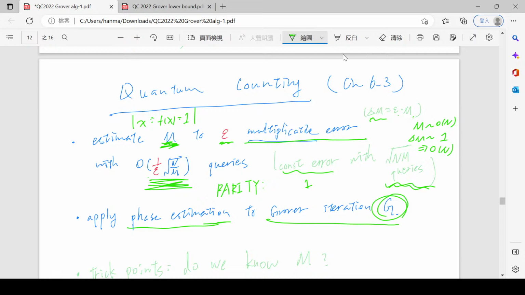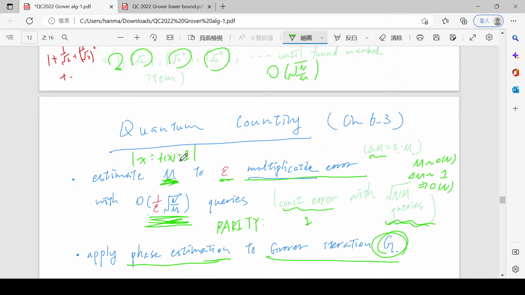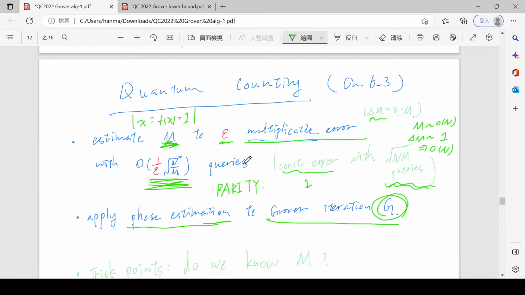So that's a little digression, and we can keep it here. Anyway, back to quantum counting. Quantum counting is the problem of finding this m number, and we parameterize this with epsilon multiplicative error, and we show that there is an algorithm that does this with 1 over epsilon square root of n over m.